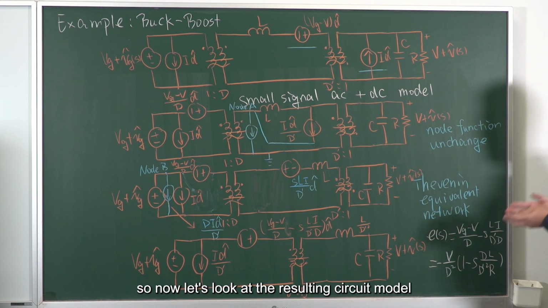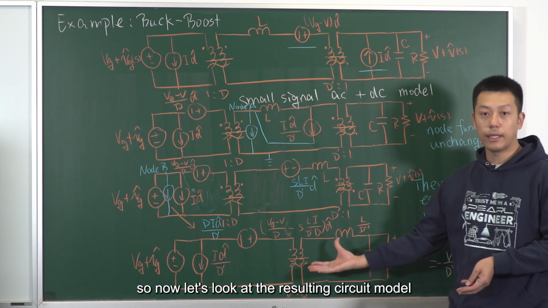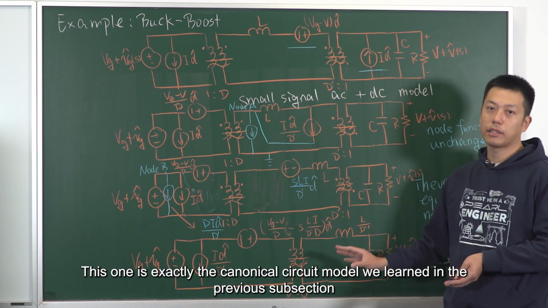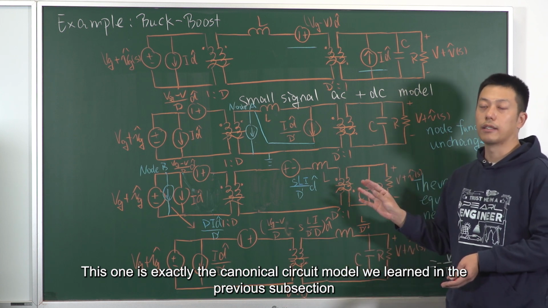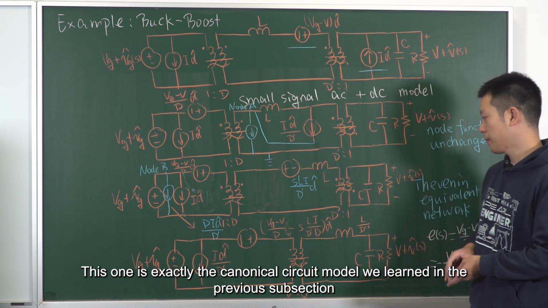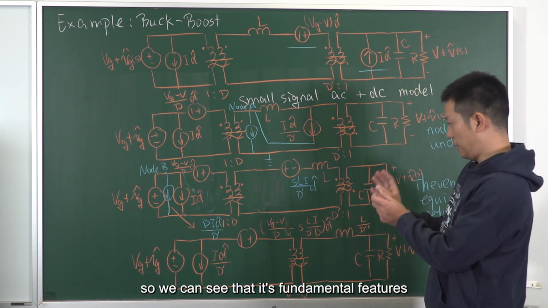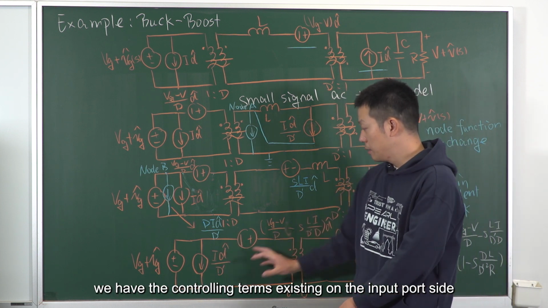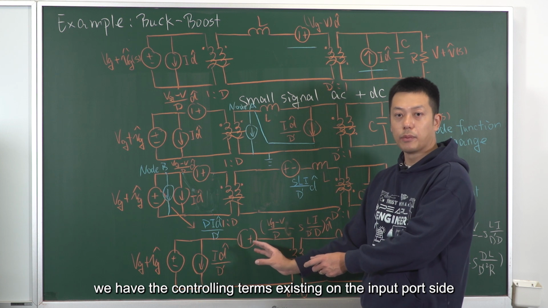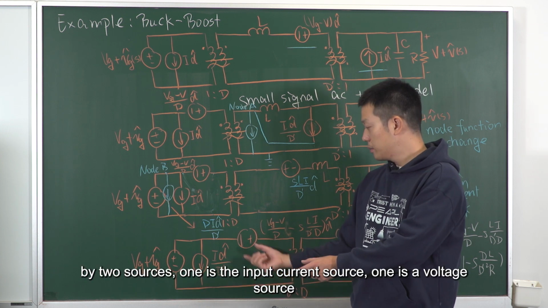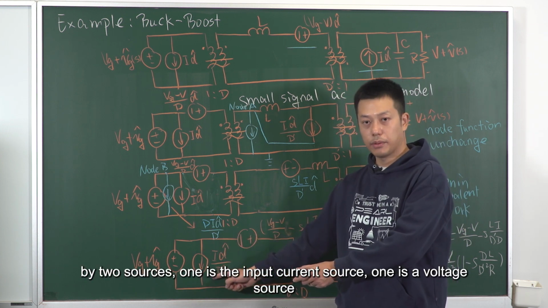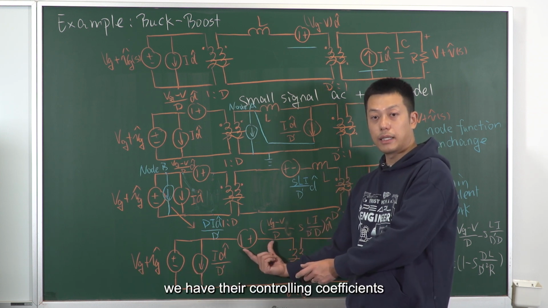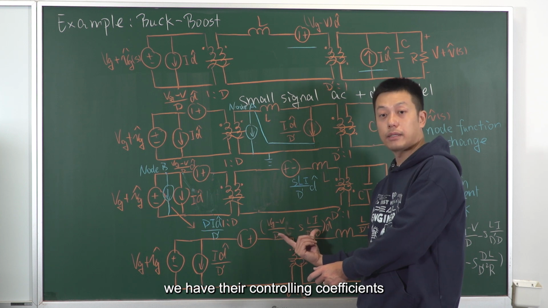So now let's look at the resulting circuit model. This one is exactly the canonical circuit model we learned in the previous subsection, right? So we can see its fundamental features: we have the controlling terms existing on the input port side by two sources. One is the input current source. One is a voltage source, right? They have their controlling coefficients.